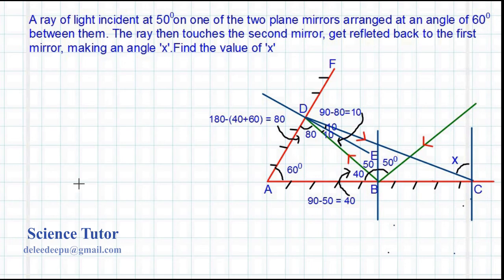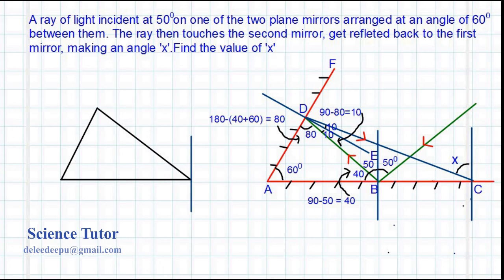Now you look at that triangle ADC. Here I am going to draw that triangle once more. In triangle ADC, A is 60 degrees. But we want to find DCA and ADC, because we know only the angle ADB as 80 degrees.